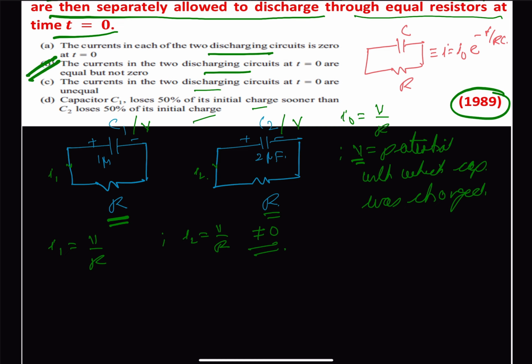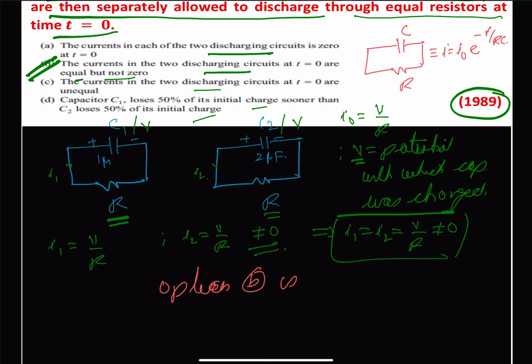They are equal but non-zero. So I1 is equal to I2 is equal to V upon R and not equal to 0. So option B is correct.